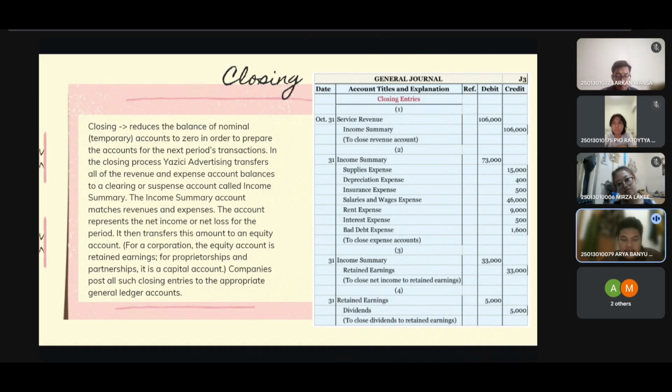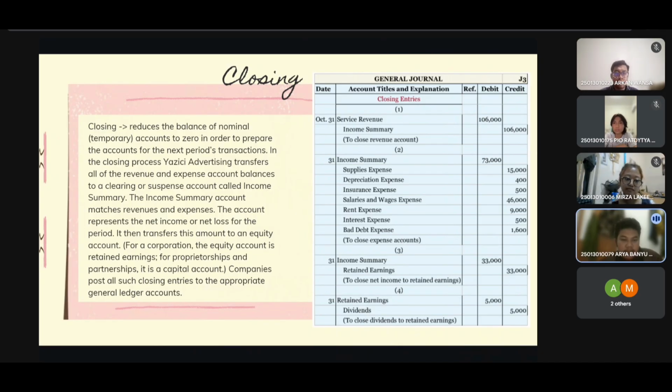For example, in Yazici Advertising, like the second presenter talked about, they move the balance of revenue and expense to a clearing account, usually called income statement. So in the income statement, they match the revenue and expense. So we know if the company is having a profit or loss.